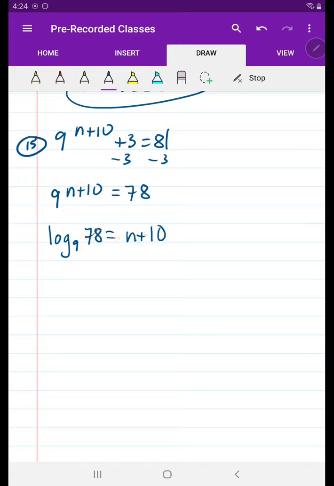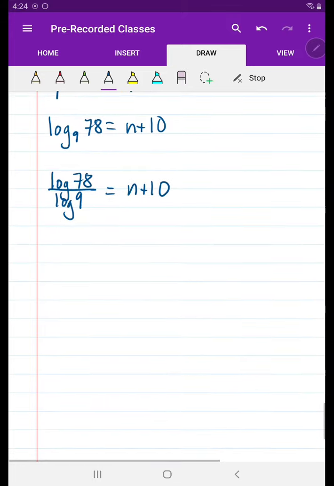And then I can use my change of base formula. So I'll have log 78 divided by log 9 is going to be n plus 10. I can plug that into my calculator: log 78, close the parentheses, divided by log 9, close the parentheses, hit enter.